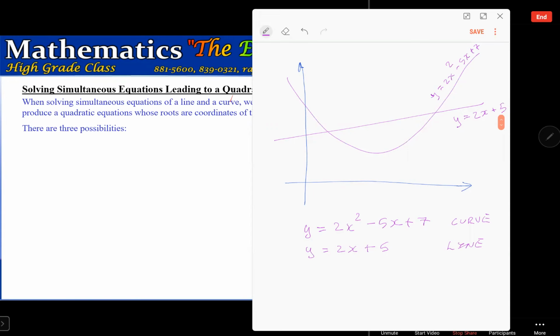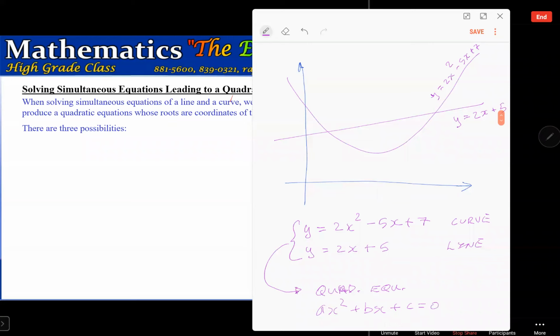When you try to solve these two equations by some method, whether elimination or substitution, but we're going to be using mainly substitution, we're going to end up with a quadratic equation in the form ax squared plus bx plus c equals 0.